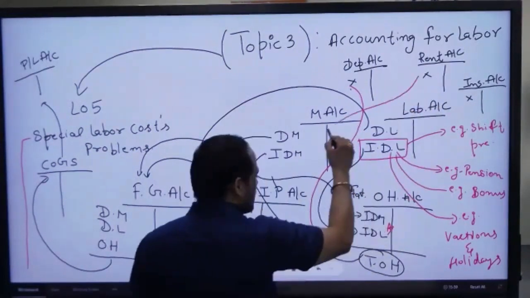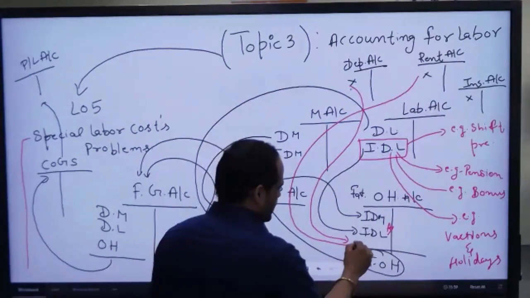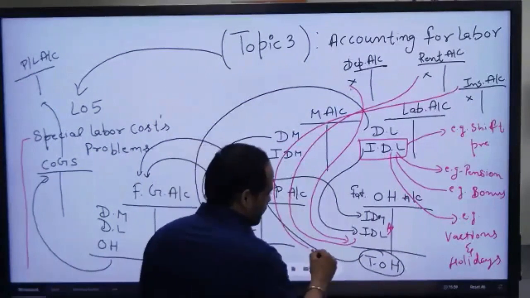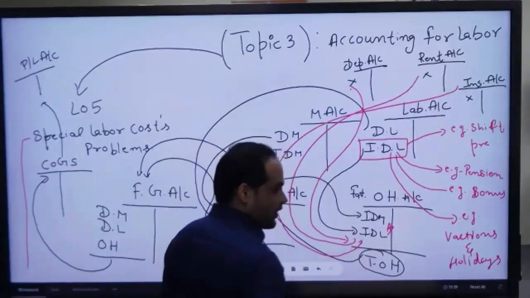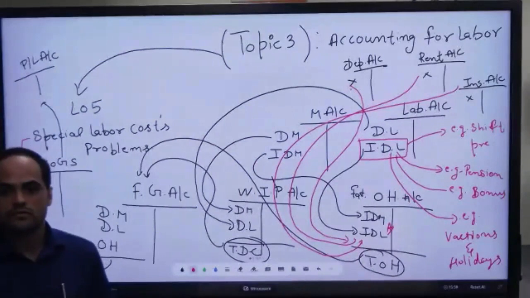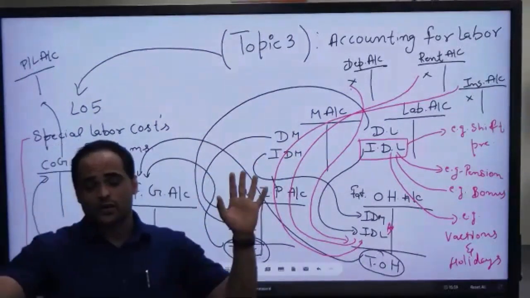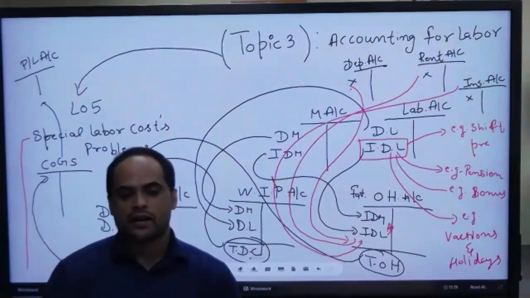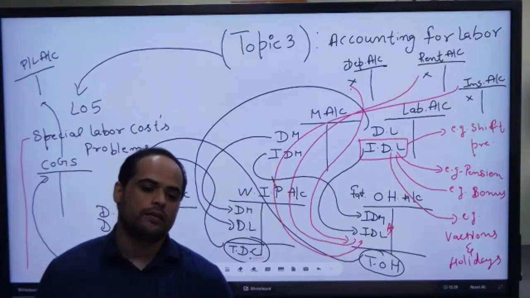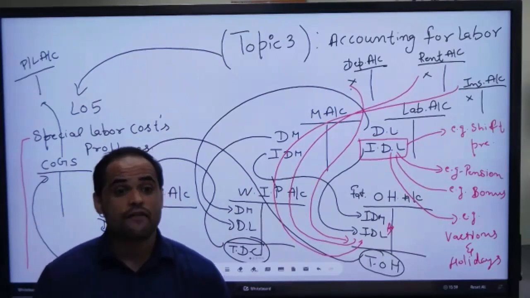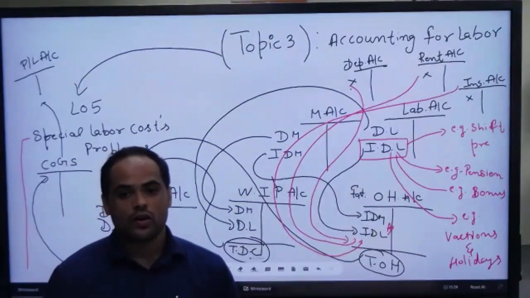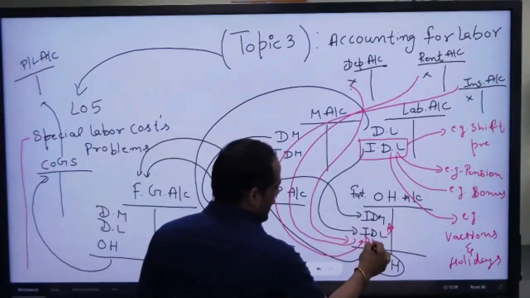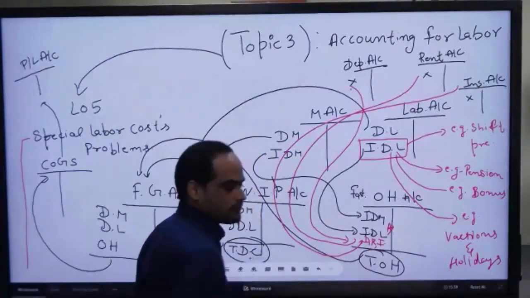Rent will transfer to factory overheads. Insurance will also transfer to factory overheads. So any kinds of indirect manufacturing cost we have will transfer to the factory overhead. So here we can write down depreciation, rent, and insurance.